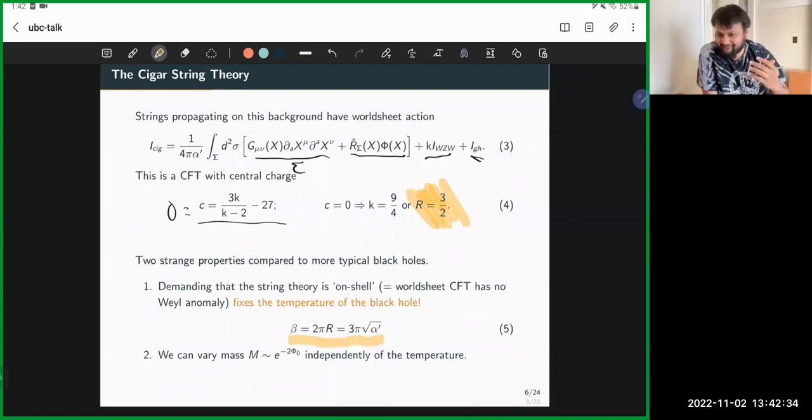It's a free parameter. So it's a very funny black hole. It's A, stringy, B, has fixed temperature, but C, has no relationship between mass and temperature. And these funny properties are why we'll be able to do anything at all in the end.